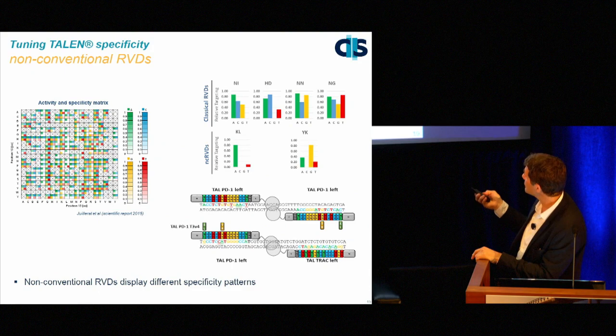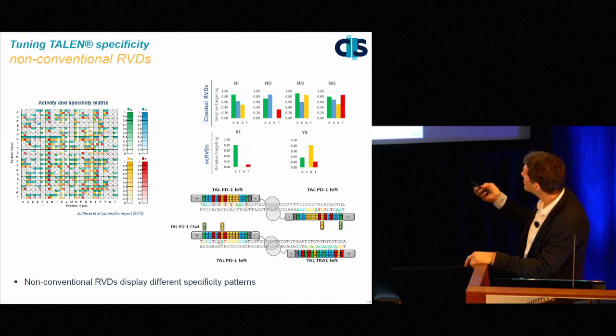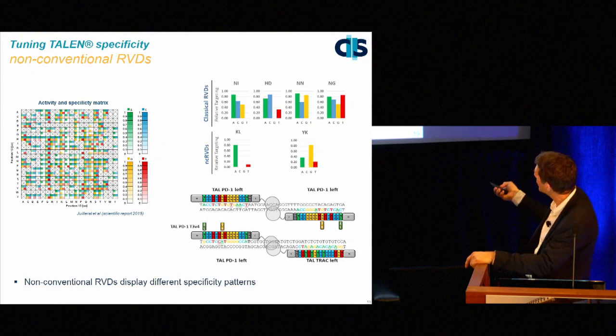This is done in order to suppress off-site cleavage. For example, here, if you do a knockout of PD-1 together with TCR alpha, the TRAC target, sometimes the left arm of the PD-1 TALEN can cross-react with the left arm of the TRAC TALEN and cut an off-site, a non-wanted off-site.